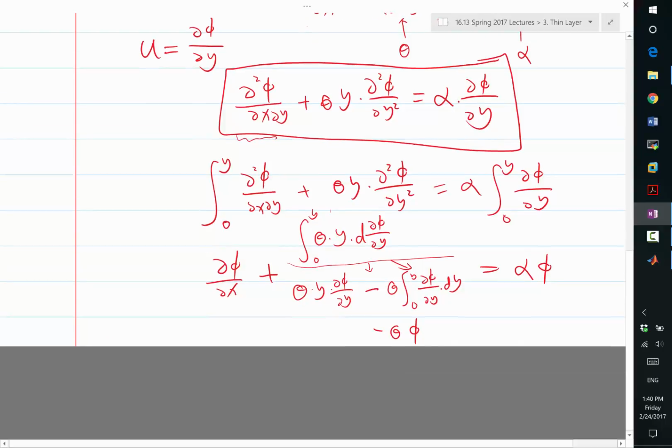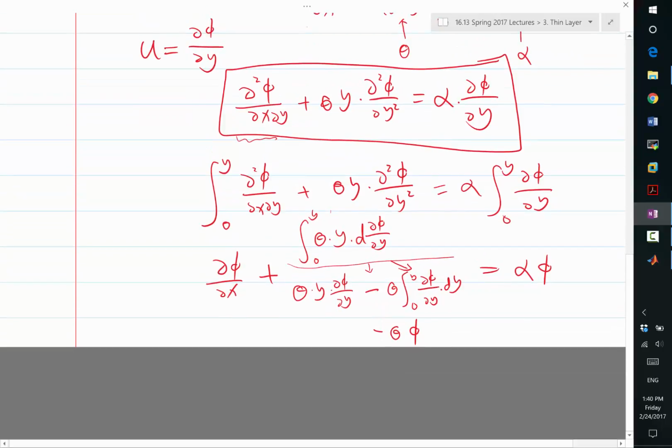So what we get at the end is partial phi partial x, which is the first term, is equal to, we have alpha phi and theta phi here, so alpha plus theta times phi, and we also have this term, which is minus theta y partial phi partial y.